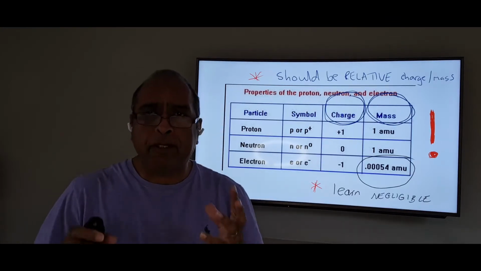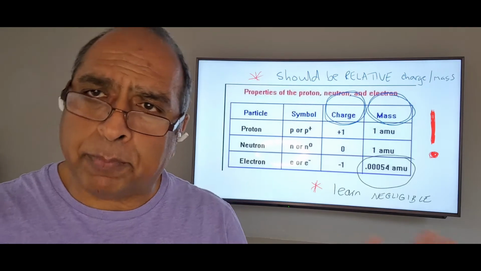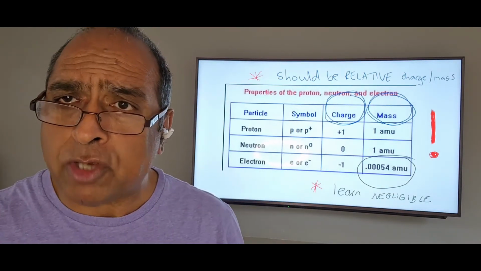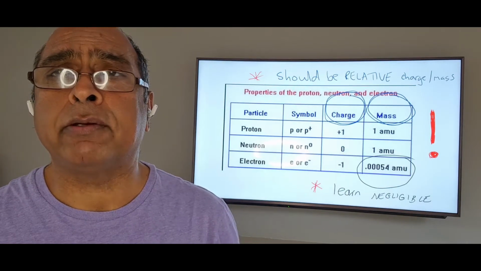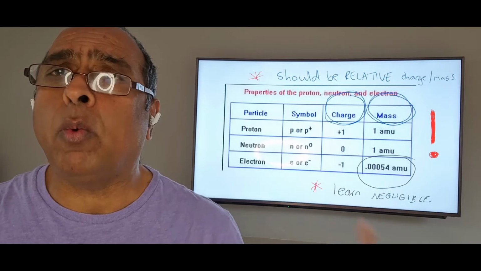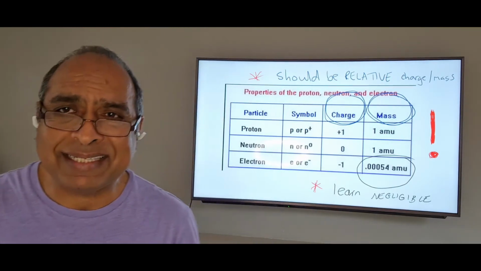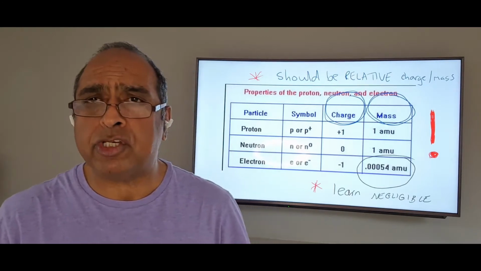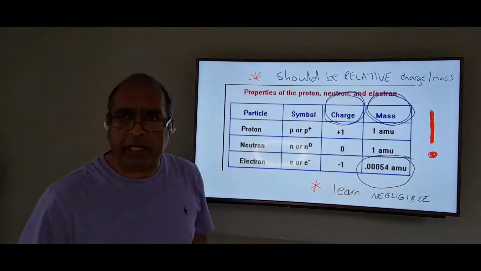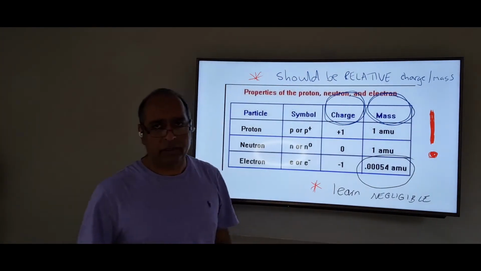That means the charge on an electron is opposite to that of a proton, but the size, 1 plus and 1 minus, means the size of the charge on the proton is exactly the same as the size of the charge on an electron. So if you do these kinds of tables, please label the heading relative charge.